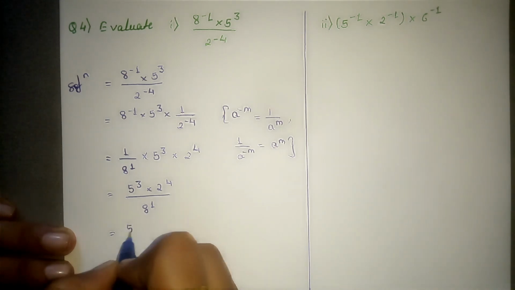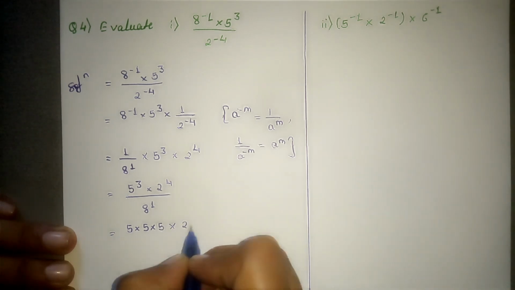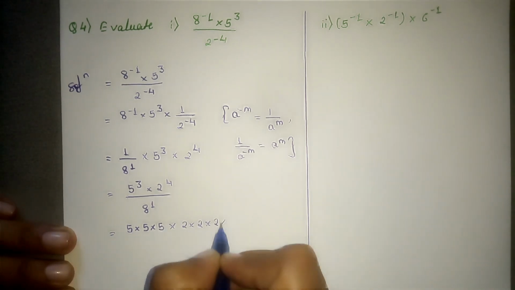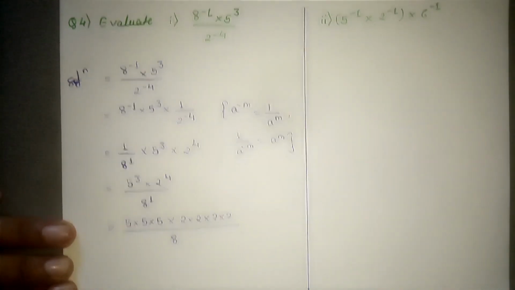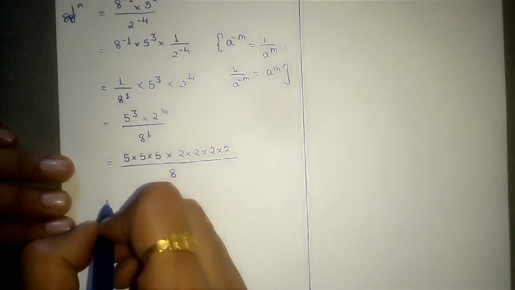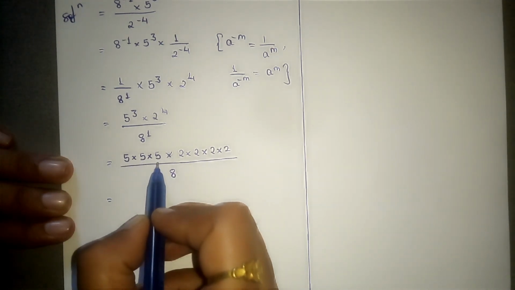So that is 5 into 5 into 5 into 2 into 2 into 2 into 2 divided by 8. Now multiply it: 5 into 5 is 25, 25 into 5 is 125.